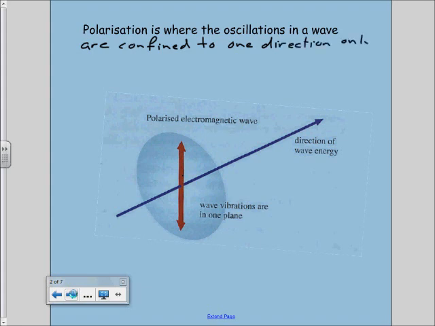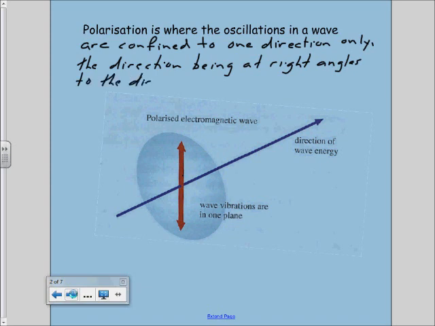This is the sort of definition that you would write in an exam type situation, comma, the direction being at right angles to the direction of propagation of the wave.